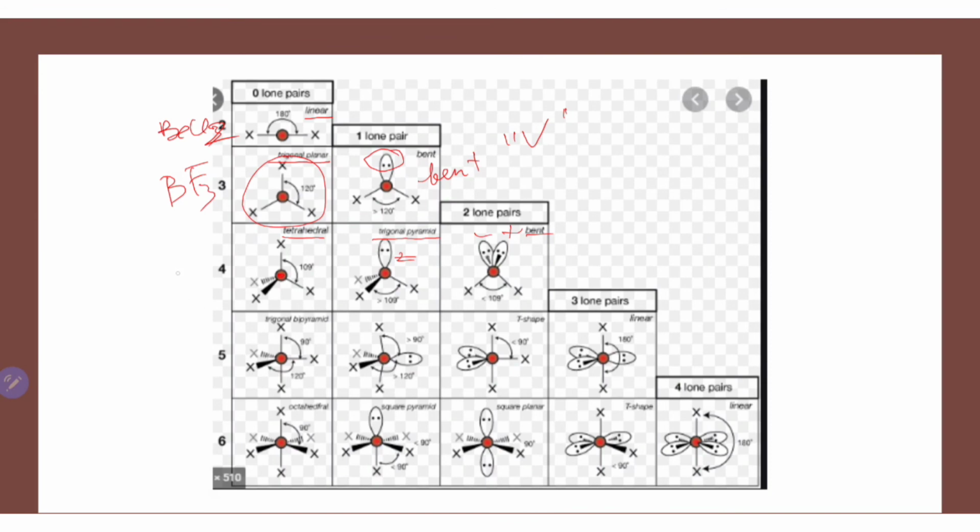This is for CH4, for example. This is for PCl5. This is for SF6.